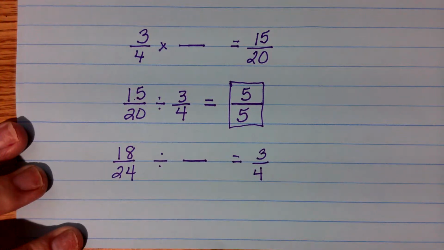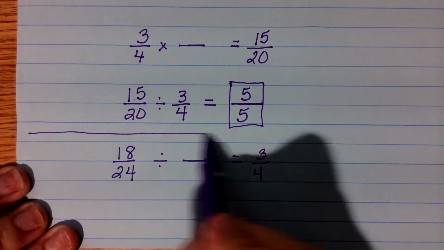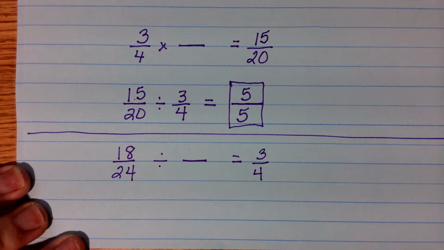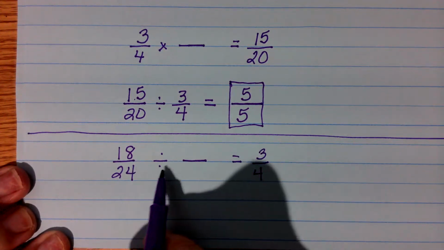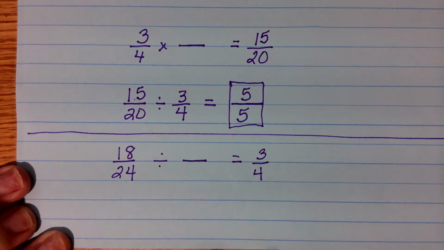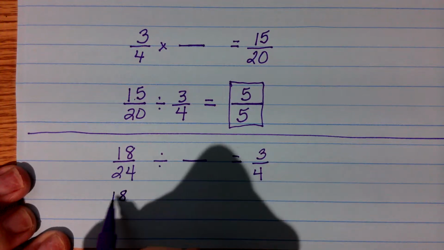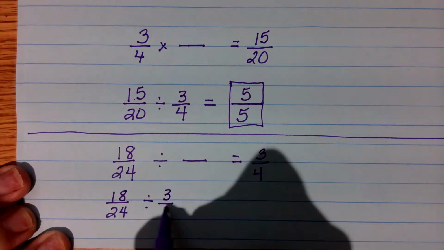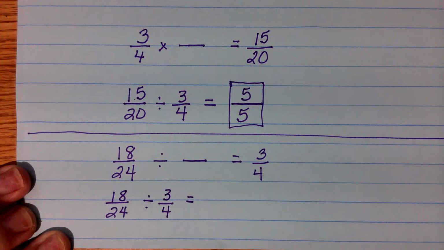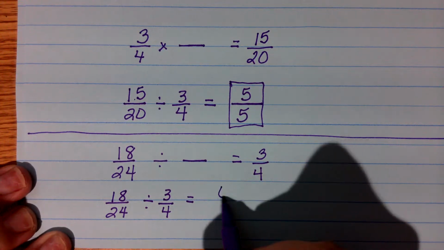With division you can switch it around to multiplication, or you can switch it around so that your division is easier to figure out, because we know that if 18/24 divided by something equals 3/4, 18/24 divided by 3/4 is going to equal that thing. Or you can turn it around and say 3/4 times what equals 18/24. Hopefully you came up with the answer 6/6.